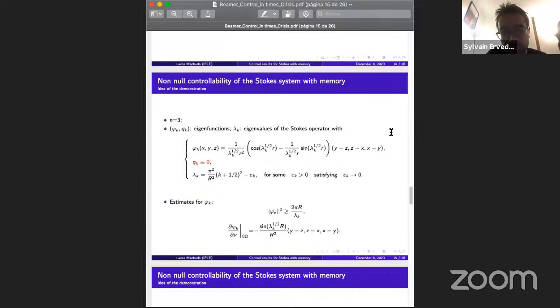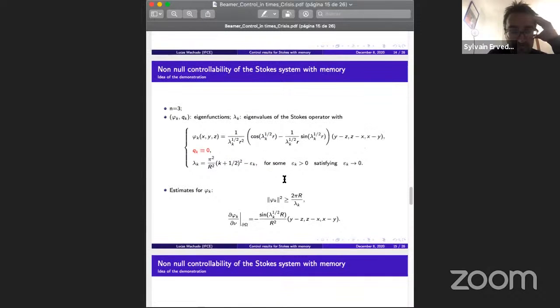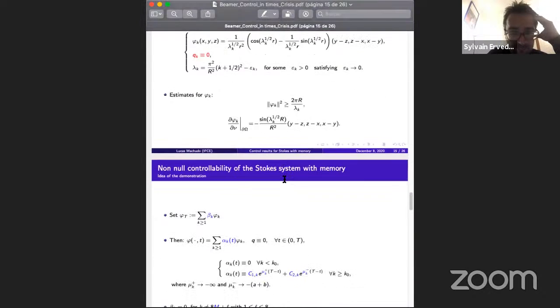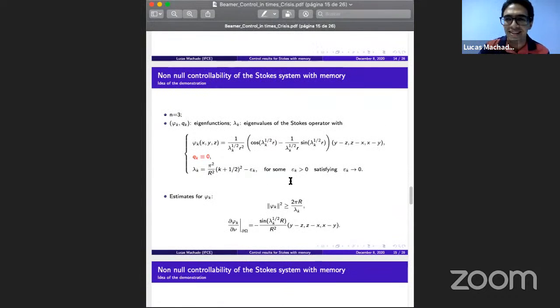Yes, and then the solution you consider for the counterexample, which one is it? In your construction, this is the sum of phi k with some coefficients, right? For the counterexample, the coefficients. Okay, how do you show that the observability is not satisfied? Next slide, please.